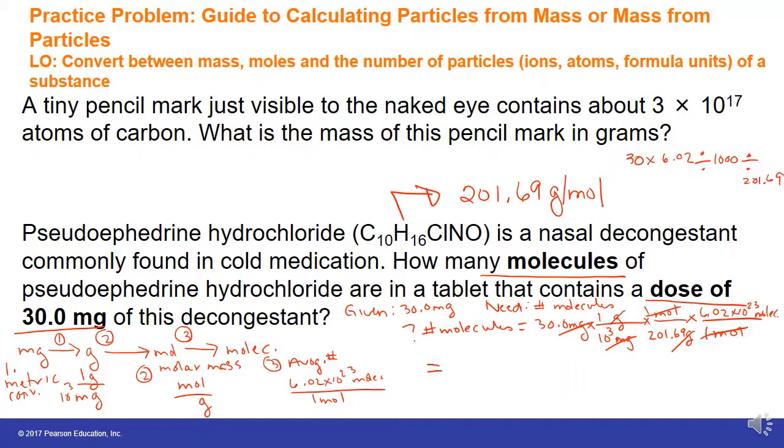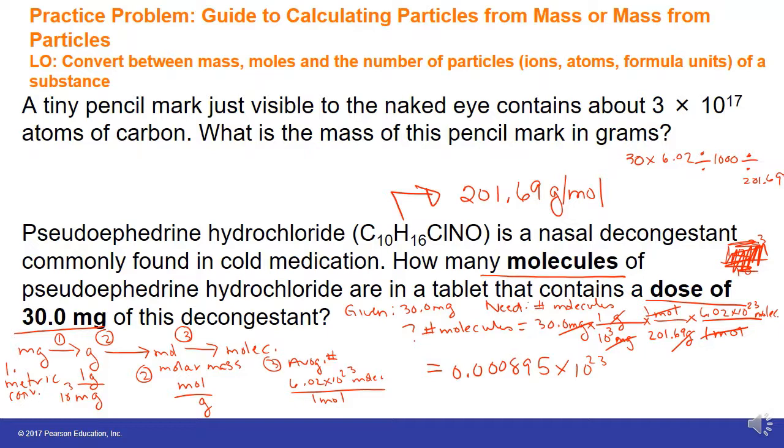And what you get here is 0.000895. Well, I put 1,000 into the calculator, so forget what I just said there, because I used 1,000 instead of 10 to the 3.